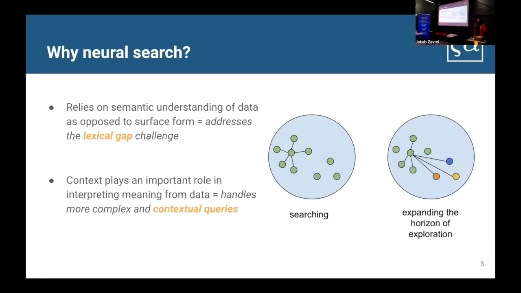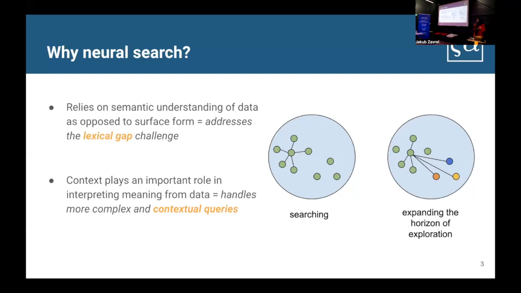So the question is, why use neural search? The main reason is that it fills the gap between traditional search and some of the missing challenges that exist there. One of the main ones is the lexical gap. We go beyond trying to match the surface form of words in the query to the document, and go to the underlying meanings of the queries and of the documents to do the matching.